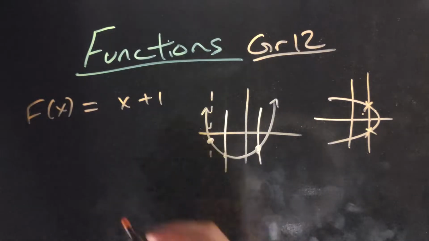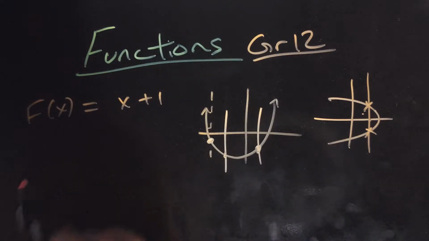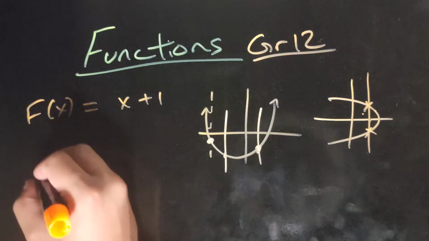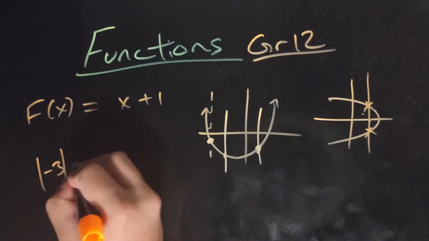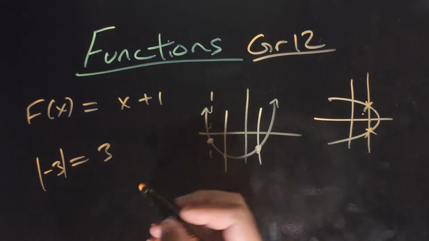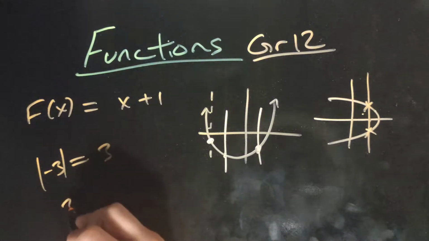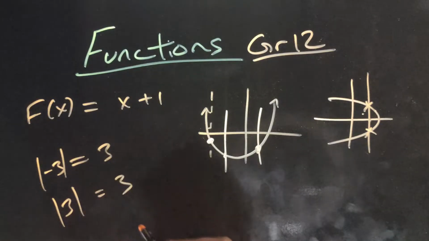Let's remember what absolute values are. If you remember, we had, say, the absolute value of -3 is equal to 3, and the absolute value of 3 is also equal to 3.